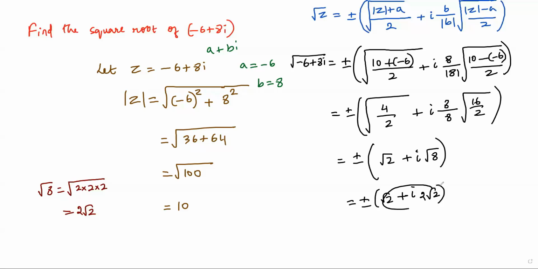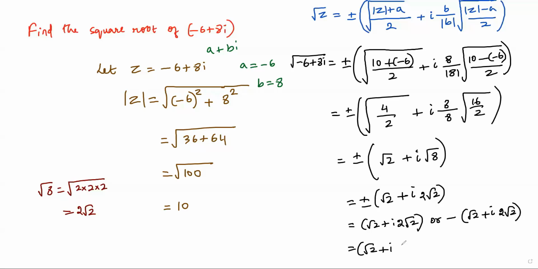We try this result one time for the positive sign and another time for the negative sign. So we get square root of 2 plus i times 2 square root of 2, or negative square root of 2 plus i times 2 square root of 2.